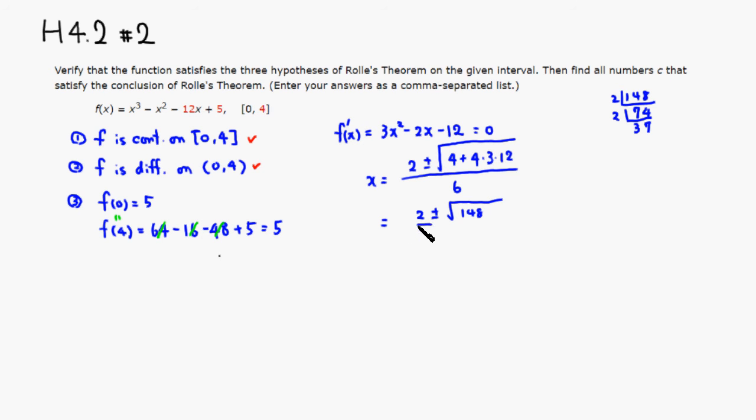So here, this is going to be 2 plus or minus 2 square root of 37 over 6. Everything is a multiple of 2, so divide by 2 and you get 1 plus or minus square root of 37 over 3.